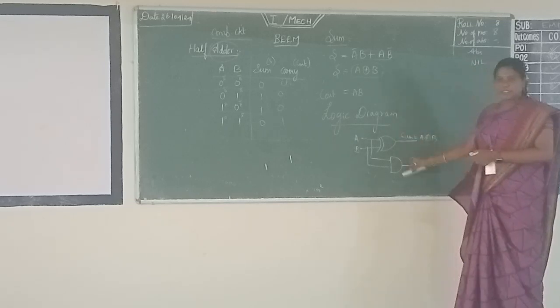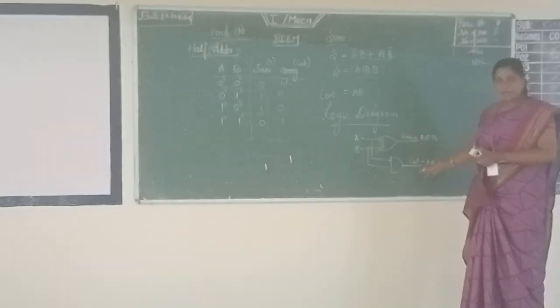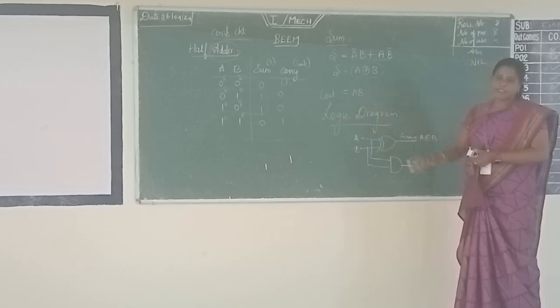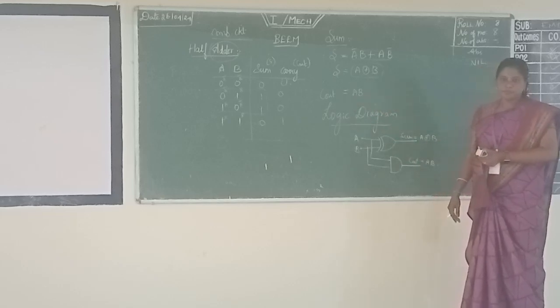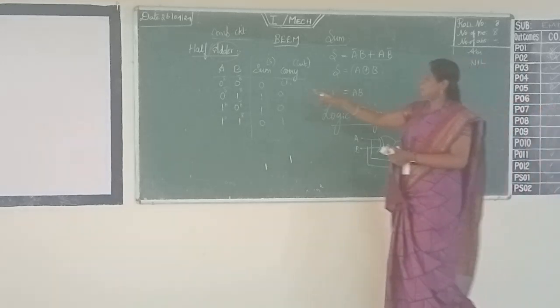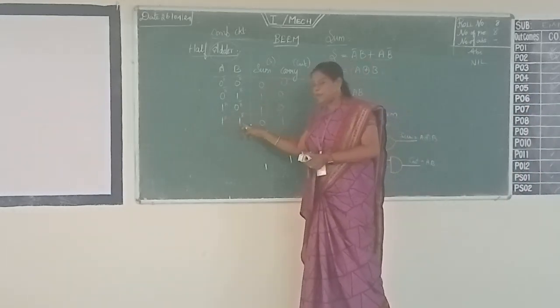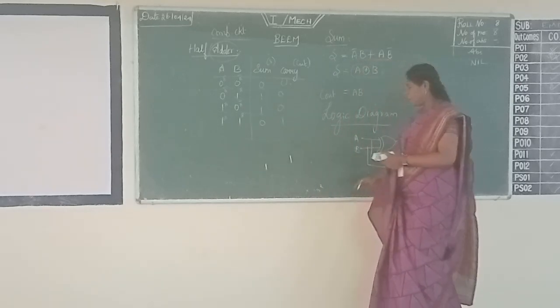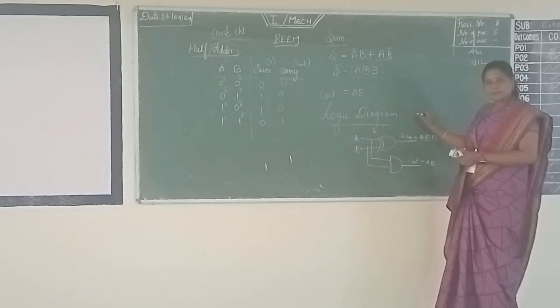If I draw this diagram and implement it on any breadboard or any circuit, I will get that sum and carry. If I give 0, 0, it will generate this sum and this carry. If I give 1, 1, it will generate this sum and this carry. So what is the function of the logic diagram?